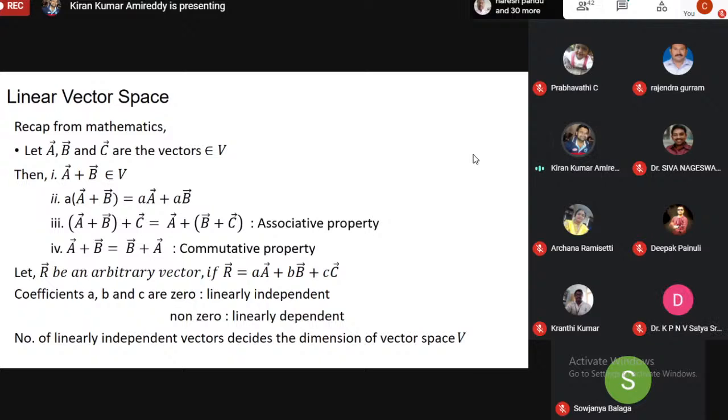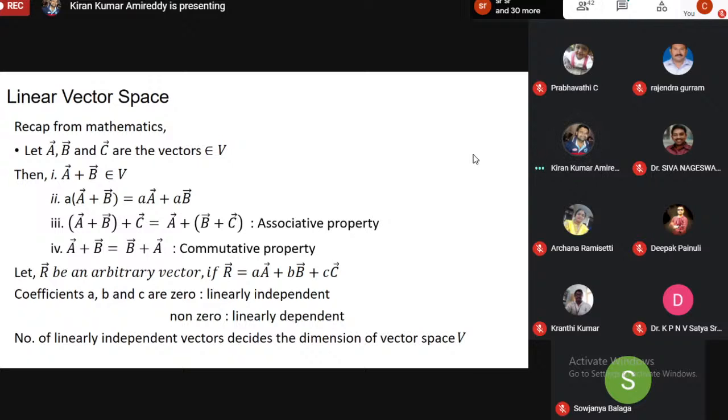When we do the commutative property for the quantum case, addition is okay, but when we deal with the fundamental and dual state, we need to be a little bit careful. But in the linear vector space, the commutative property holds good.